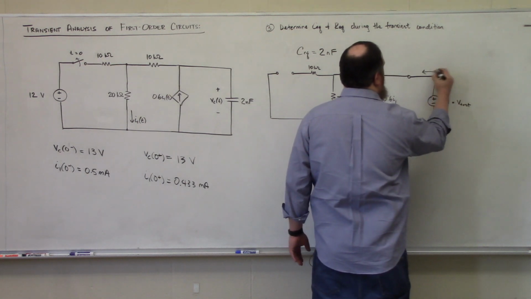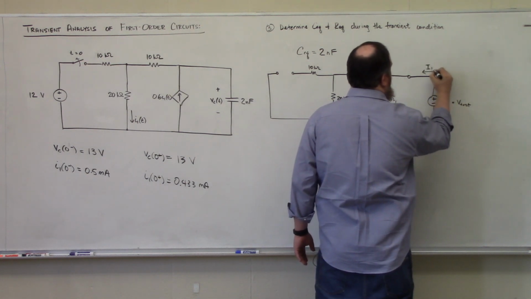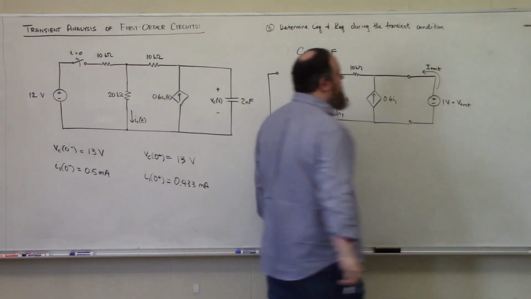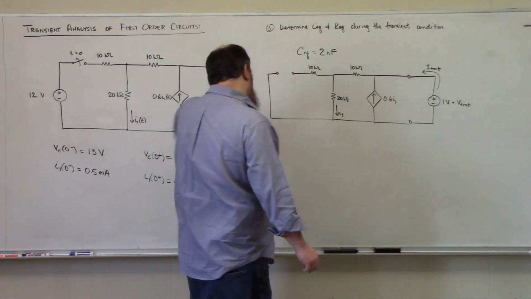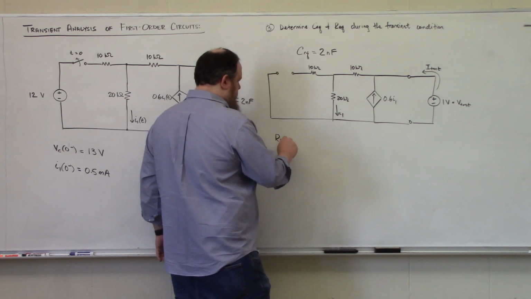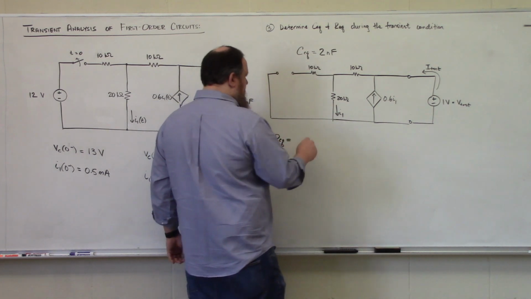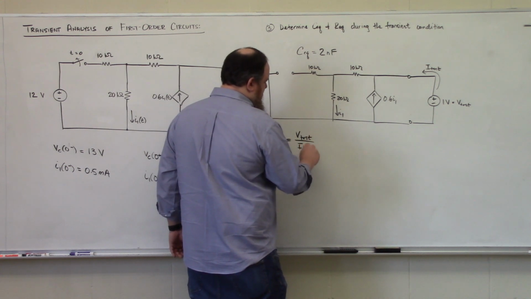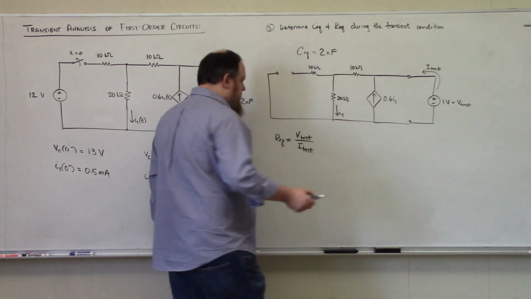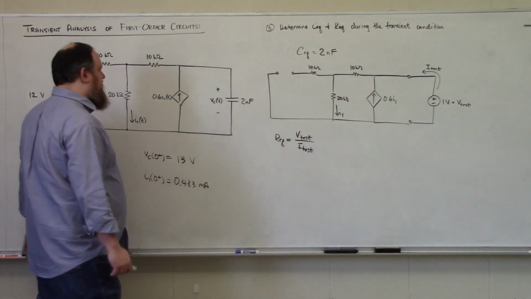I'm going to determine this current I test, and my equivalent resistance, REQ, will by definition be V test divided by I test. Thanks to good old George Simon Ohm.